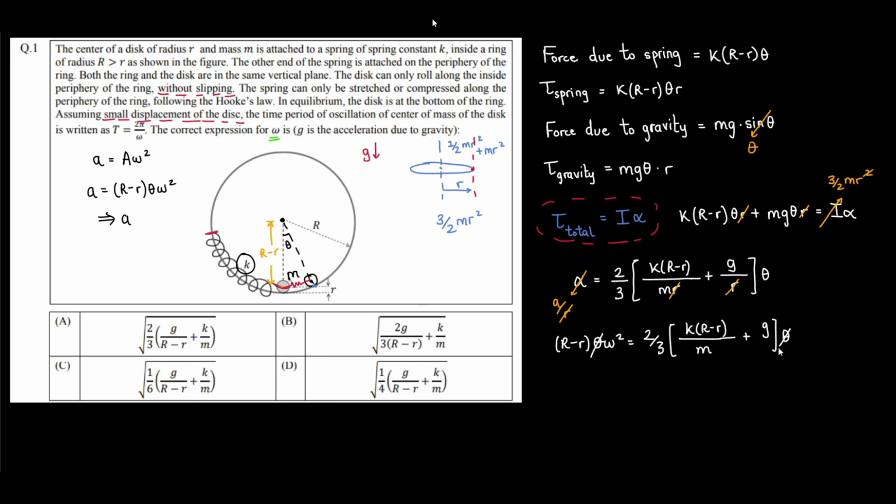Now cancelling theta from both sides and bringing R minus r to the denominator, the final calculation gives us the value of omega as root of 2 by 3 into (k by m plus g by (R minus r)). So the final answer is A.